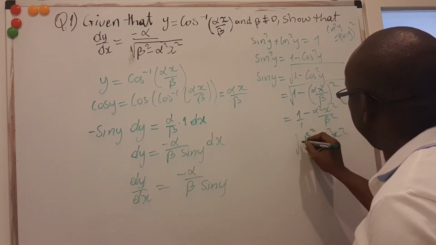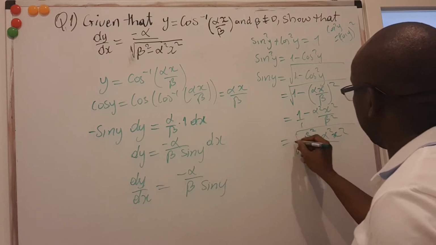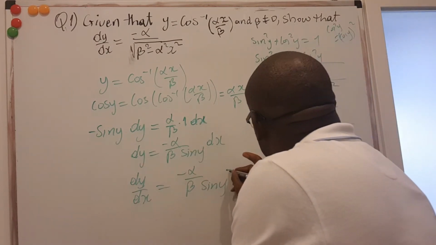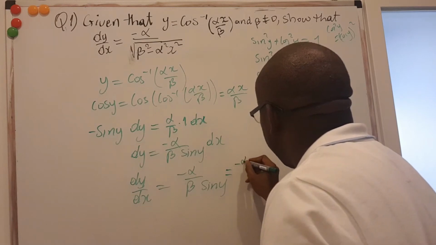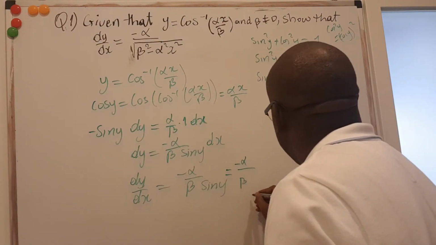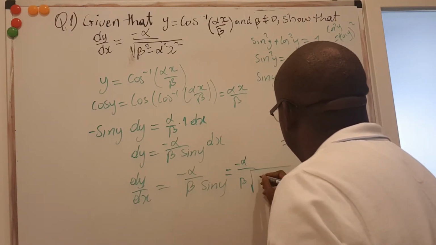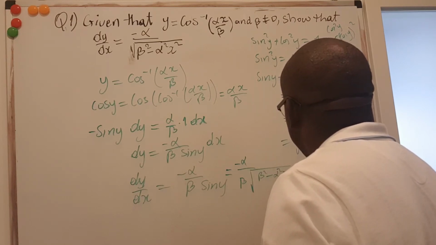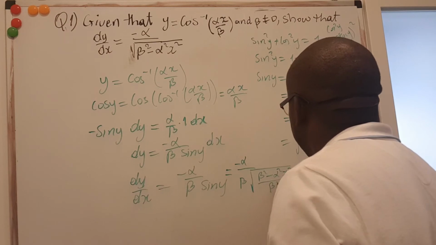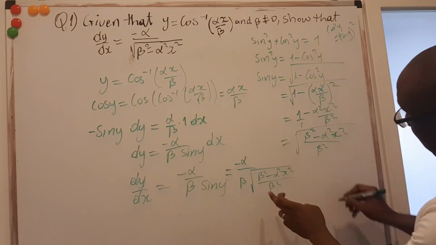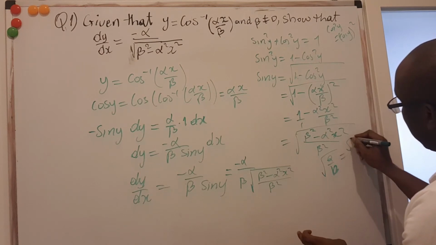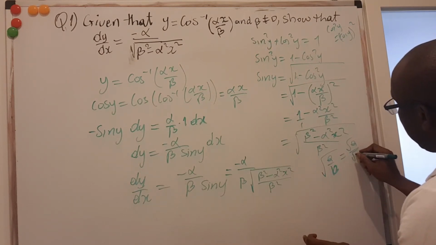And remember, I will take this now and just substitute here. So if we do that, then this is minus alpha all over beta times the square root of beta squared minus alpha squared x squared on beta squared. The square root of a on b is the same as square root of a over square root of b.